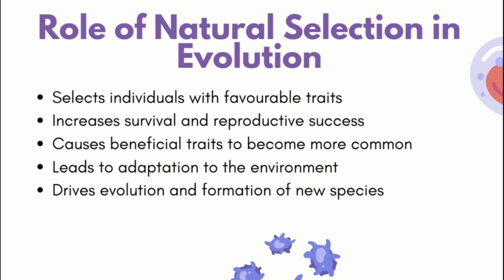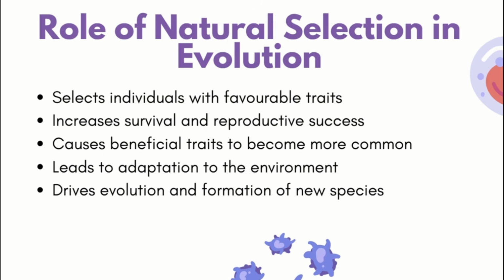Now, we know that natural selection is a driver of evolution. What does that mean? We're saying that it has an impact on the next generation. Because if evolution is a change in population over a long period of time, and natural selection affects evolution, we mean that it affects it in the way that the fittest are going to survive.